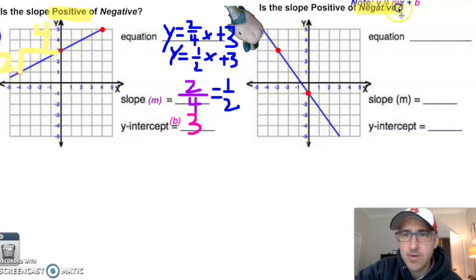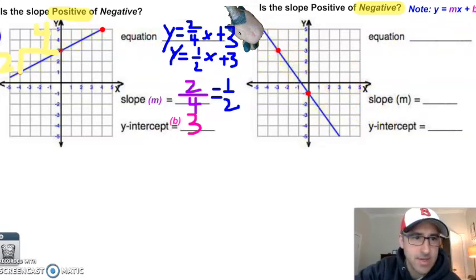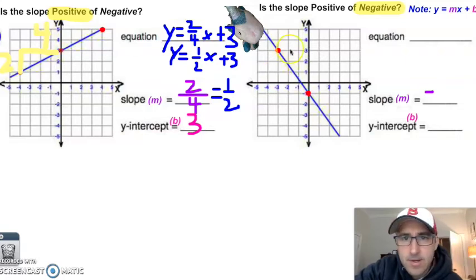Now again, we're going to use our equation, y equals mx plus b, and we're first going to try to find slope. This time the slope we said was negative, so I'm going to put a minus here, and then we'll count our slope. And now when counting slope, it doesn't matter where we start, but I like to start with a negative slope on the left side. And I'm going to first count down because our rise is over our run.